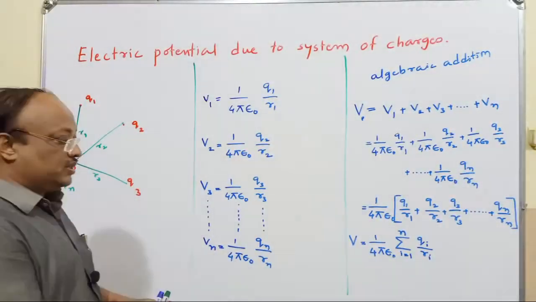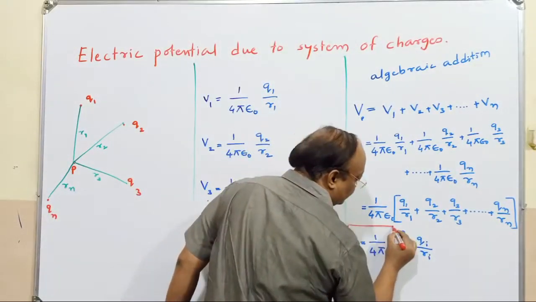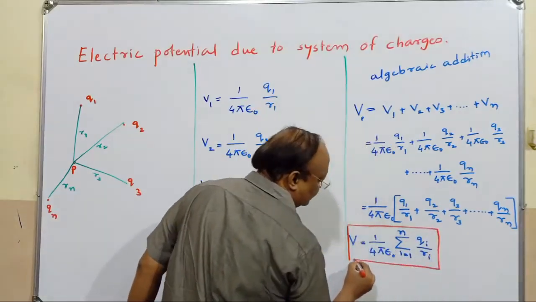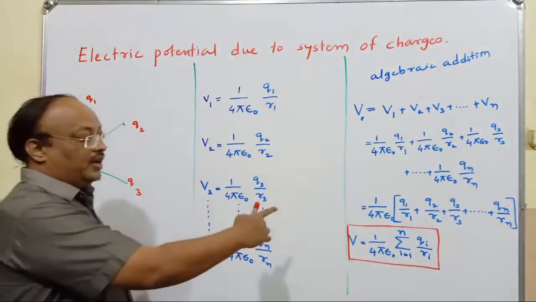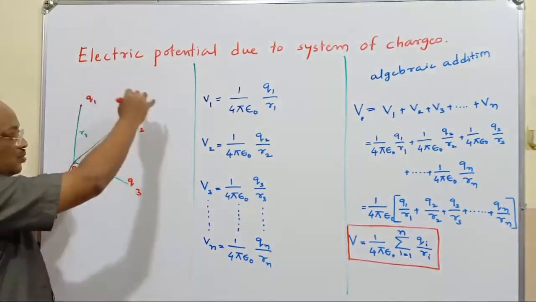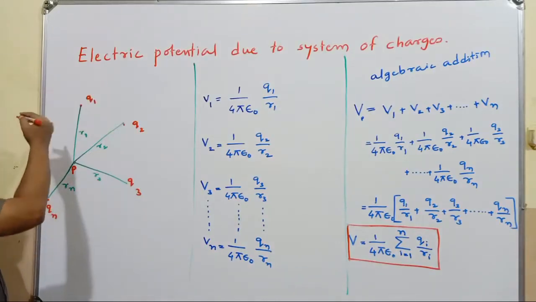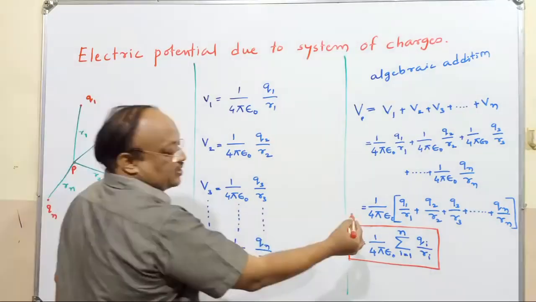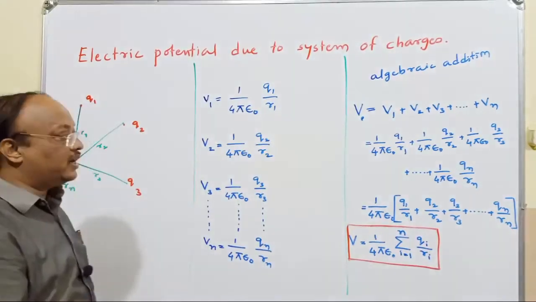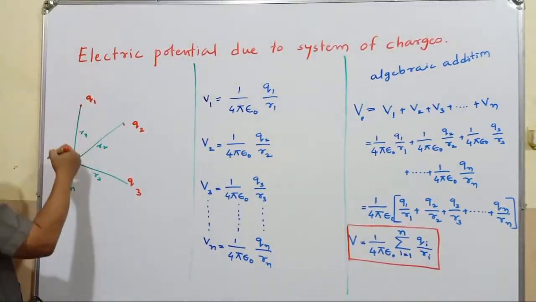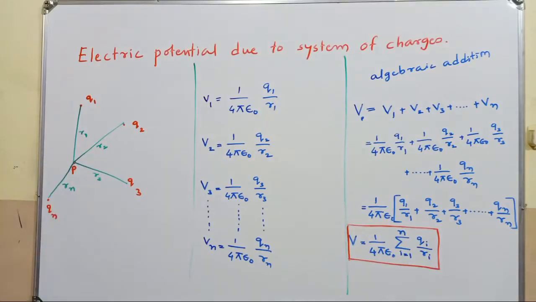It is the summation of all these. This is the expression of electric potential due to a system of charges. If more number of charges are present, then it is the algebraic addition of all the individual electric potentials due to all these charges.